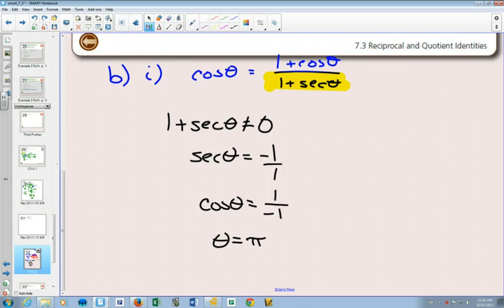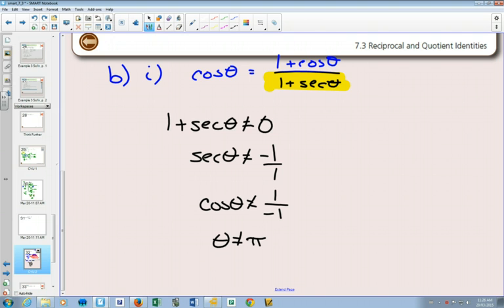Now, for your work, if you had the line through here, like all the way through, that's fine. Or if you solved it with an equal sign all the way through as just part of your work, I need to find out where 1 plus secant theta equals 0, because that's bad.